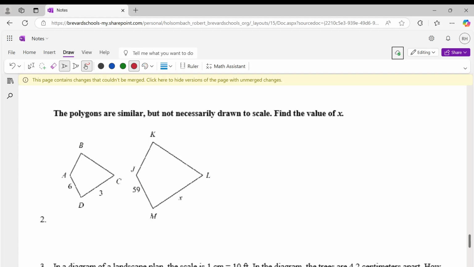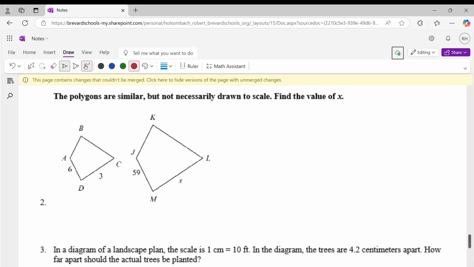In problem number 2, you're told that the polygons are similar, but not necessarily drawn to scale. Find the value of x, and that's all we've got to do here.